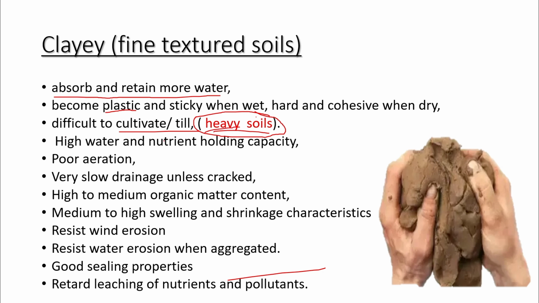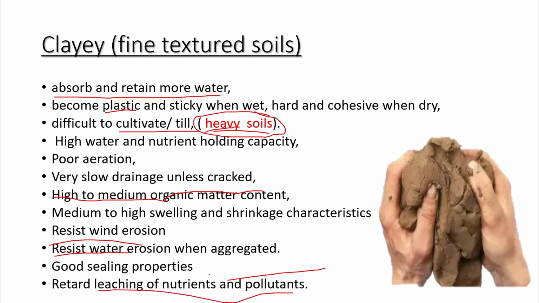Then next is high water and nutrient holding capacity and poor aeration, very slow drainage unless cracked, and high to medium organic matter content. It can retain organic matter also. Then medium to high swelling and shrinkage characteristics. Then it resists wind erosion, and water erosion when aggregated. And good sealing property, retarding leaching of nutrients and pollutants.